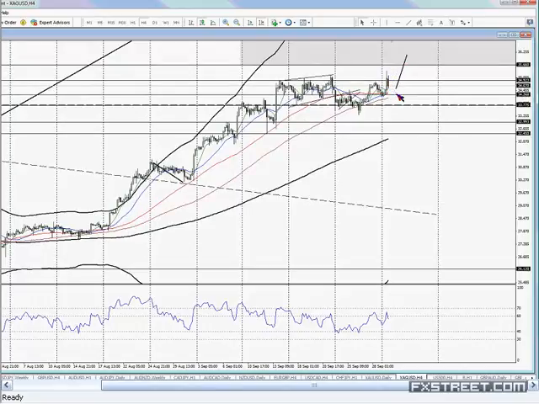Put your stop below the middle of this range, maybe this pivot here, 34.15. So you have to look for a better reward to risk. Wait for the market to come back down, 34.50, 34.30 area. That could probably give you a better reward to risk, and then let it push higher.